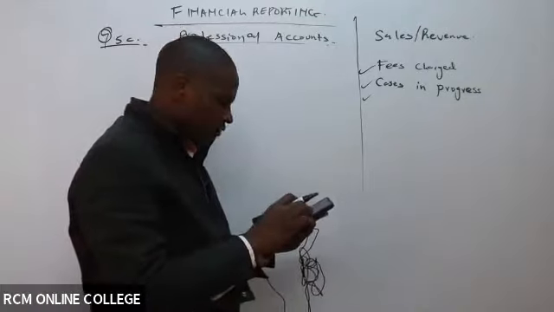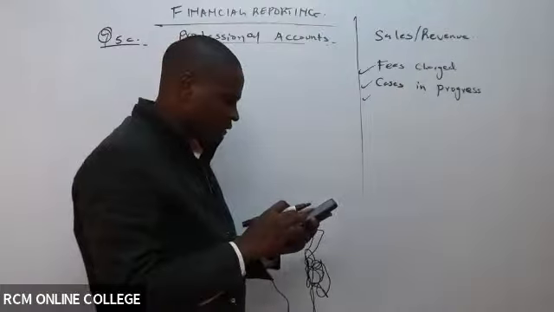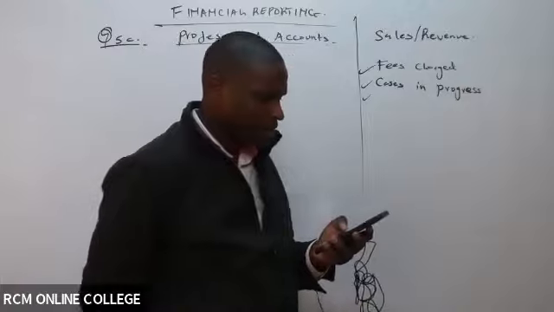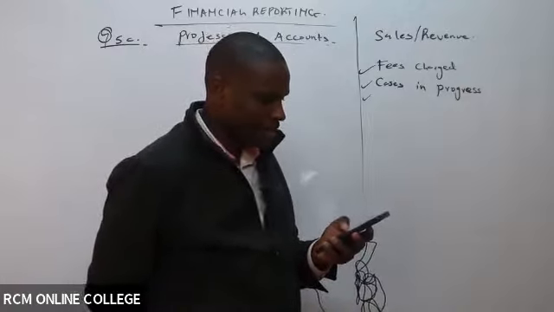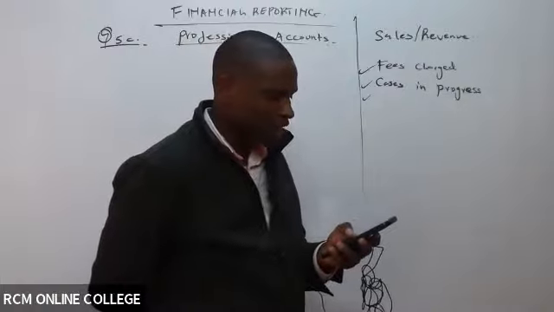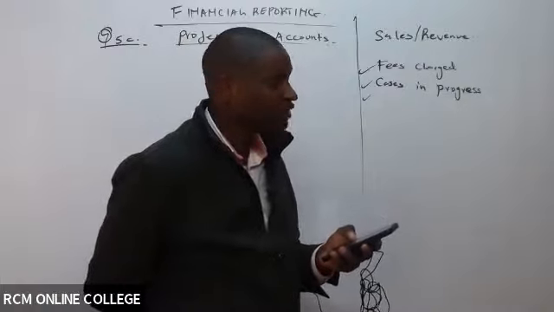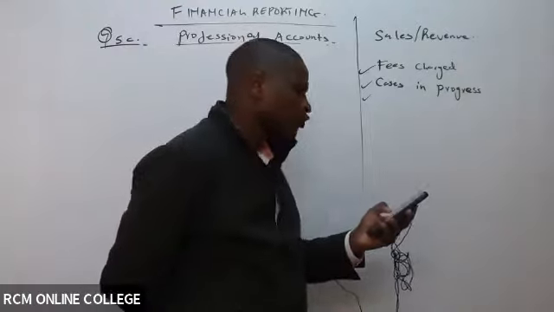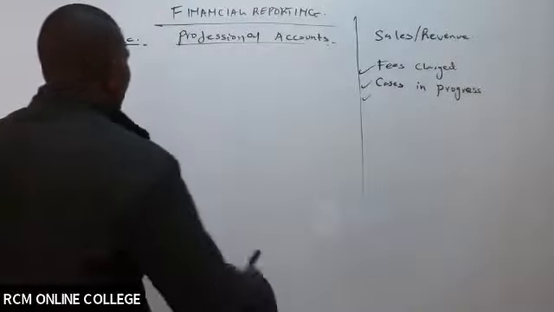For these advocates, I can see we have the extracted trial balance from Kakai and Kambaze, a firm of practicing advocates as at 1st July 2024. So this is just a trial balance from these guys.